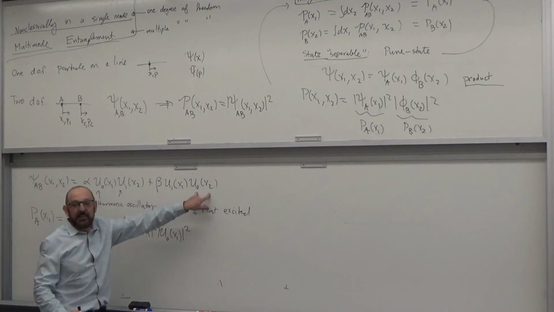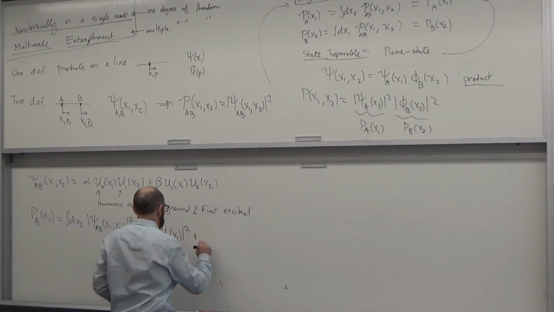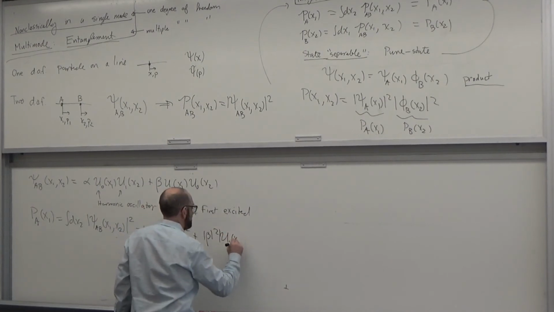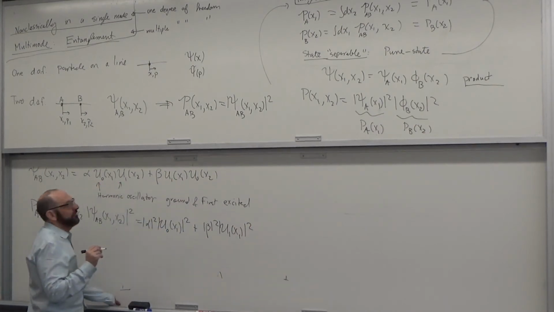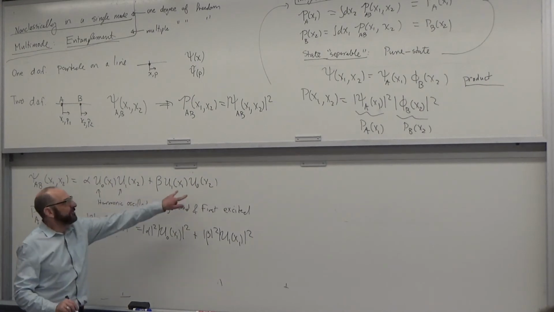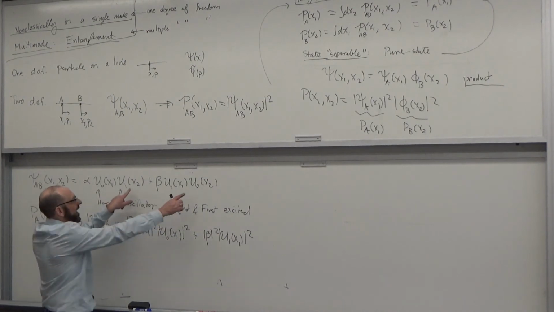And when I marginalize, that's normalized. And then I'm going to get the cross term, right? I'm going to get this starred with that. And I'm going to integrate that over 2.